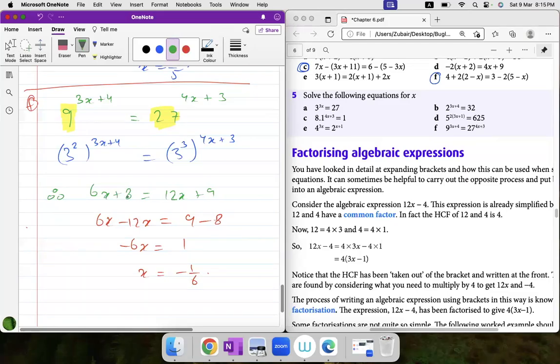So when 8 goes on the other side, we subtract them. So it's equal to 1 over 6. Yeah. Okay.